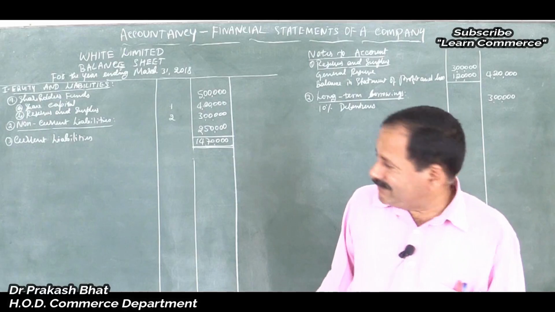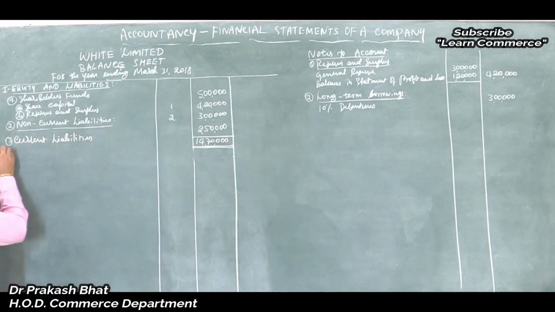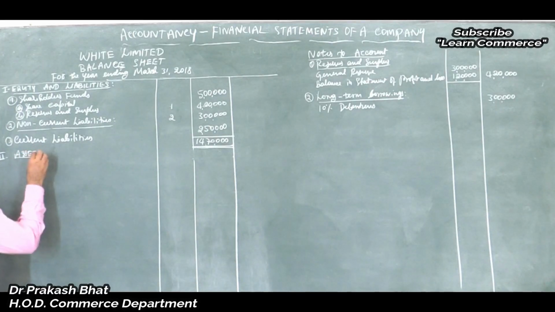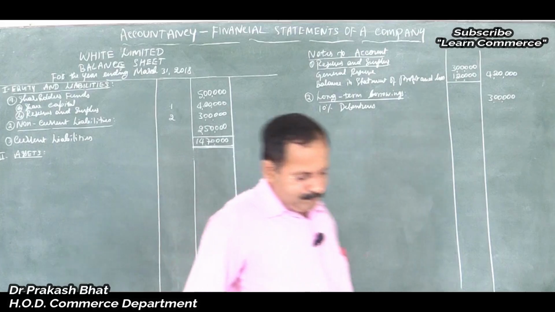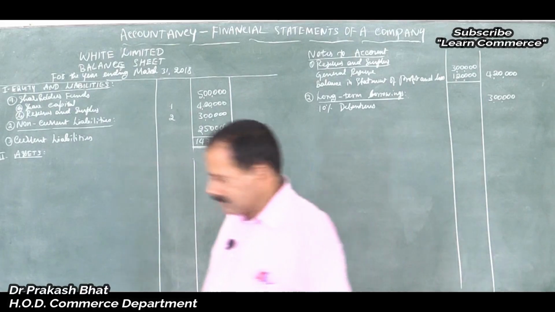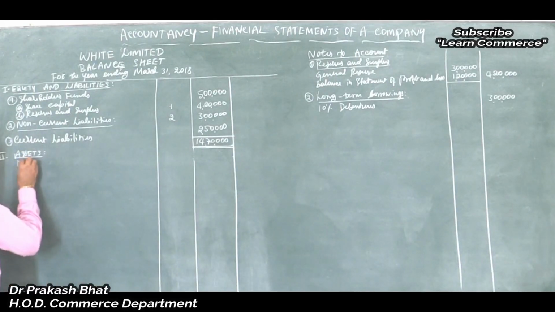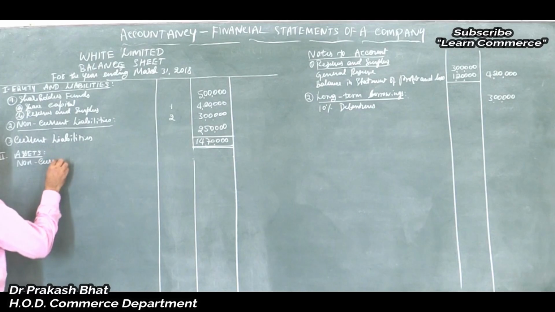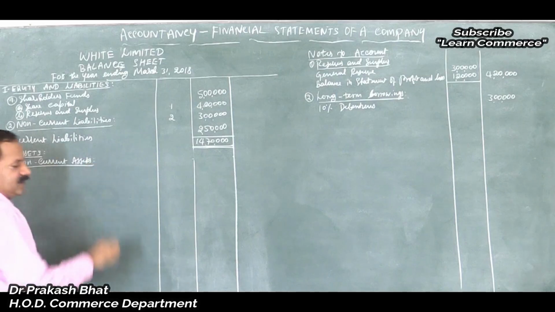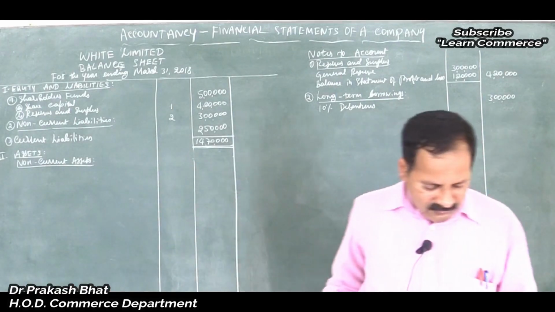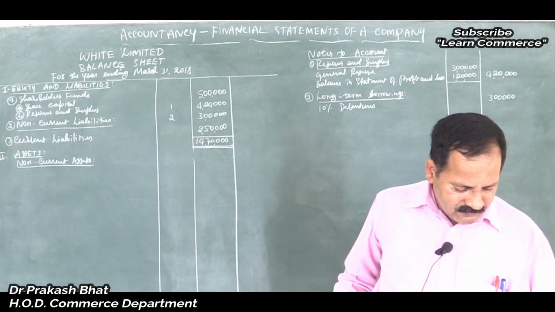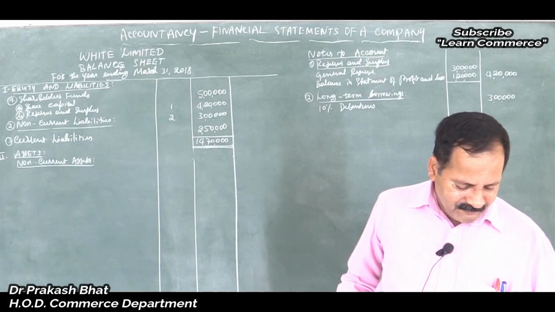Now let us move on to the asset side. First one, non-current assets, isn't it? Under non-current assets, what are the items that have to be entered?